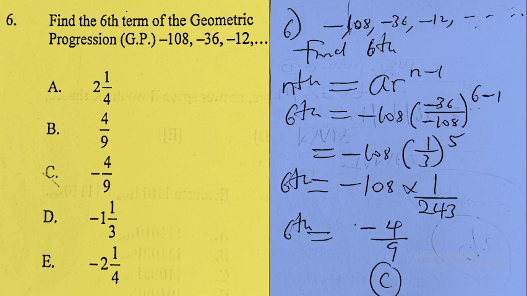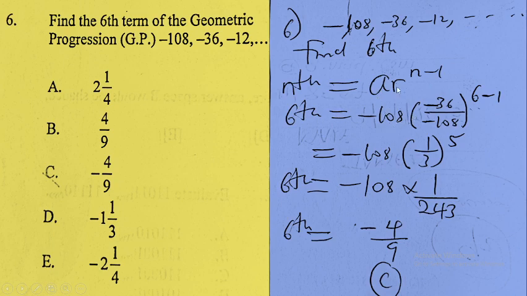So we have to find the sum given the first 3 terms of the geometric progression. So we know that to find the number of terms in a geometric progression, we have a r raised to power n minus 1, where a is the first term, r is the constant ratio, n is the number of terms. So the first term here is minus 108.